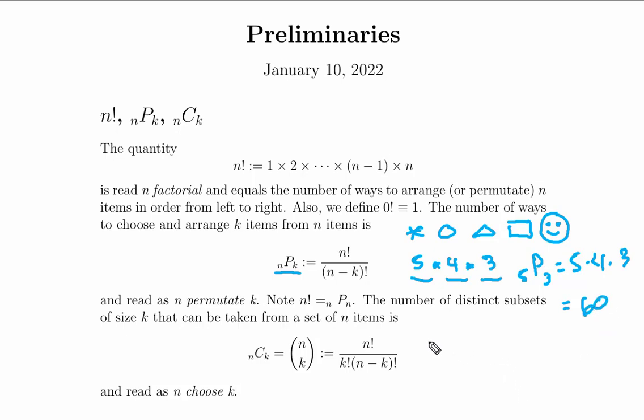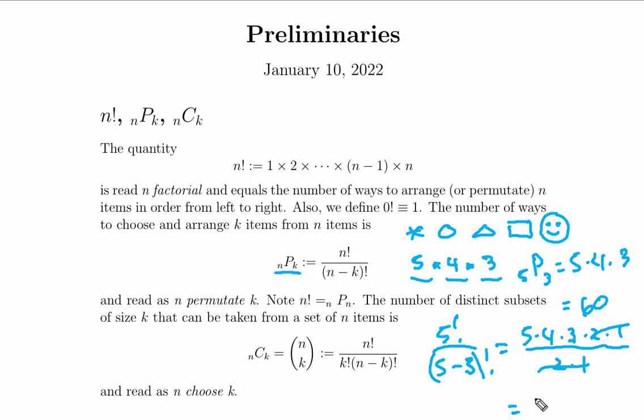Sure enough, if we follow the formula, it's going to be 5 factorial over 5 minus 3 quantity factorial. So that's 5 times 4 times 3 times 2 times 1, all over, let's see, 5 minus 3 is 2, so this is 2 times 1. That stuff cancels with that, and we get what we got before, 5 times 4 times 3. See how that works? 60.